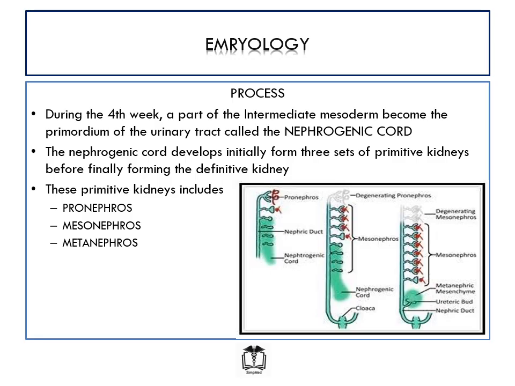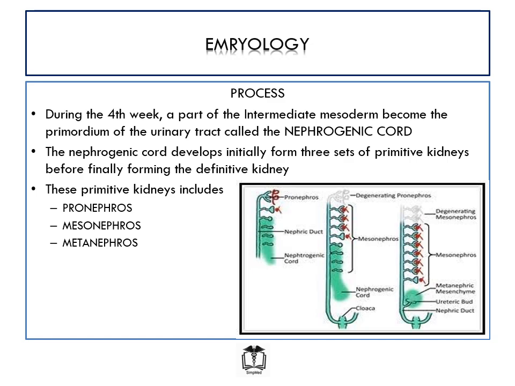And so this cord starts to develop into kidney sets, and it's important to note that at various points in embryology, we have different kidneys being formed. So there are three major sets of primitive kidneys that are formed during development before we eventually end up having our definitive kidney.